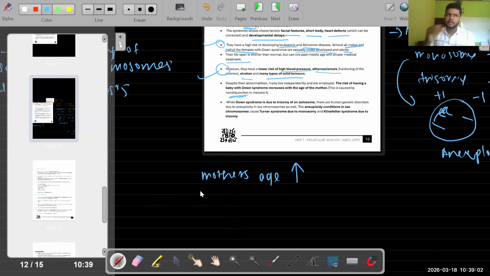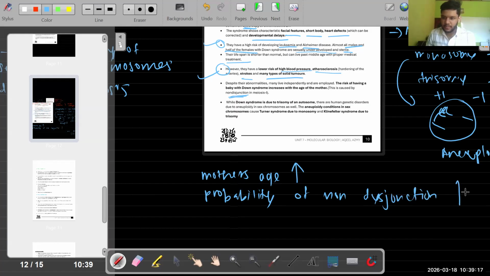The probability of non-disjunction taking place also increases. So non-disjunction means the inability to separate the chromosomes.